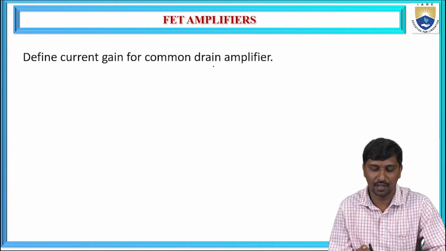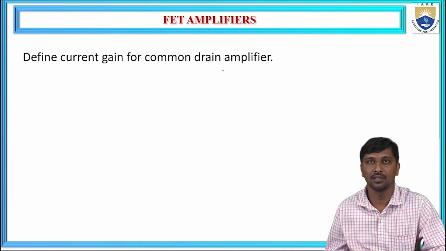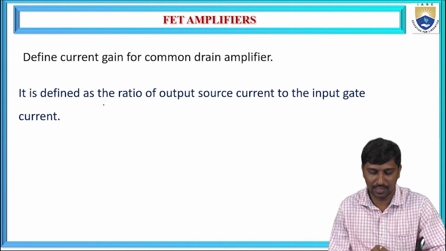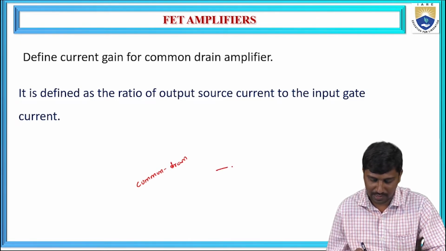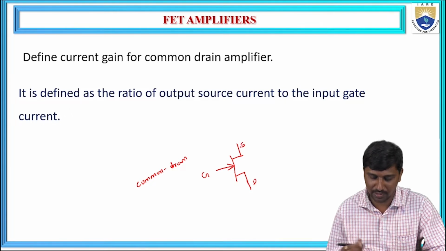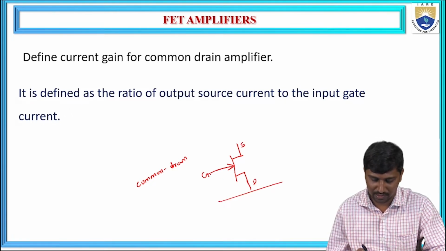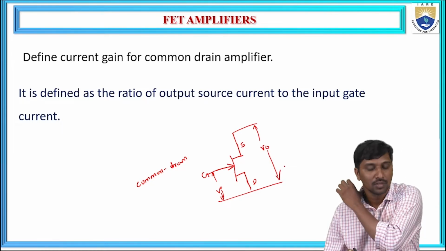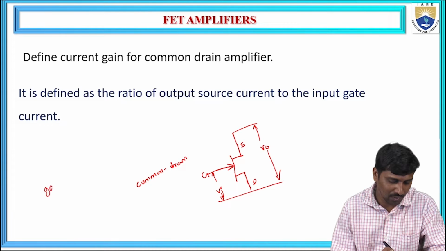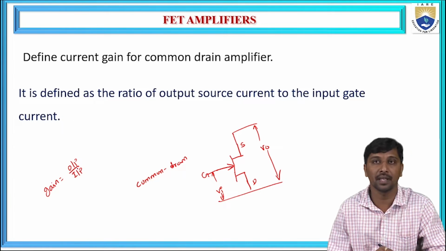Define current gain for common drain amplifier. Let us consider a JFET, and let us consider this is the gate. Here I make the drain common, and here I consider the source. This is the input, and the output is measured across the source terminal with respect to the drain. Generally, if you want to define any gain, it is the ratio of the output parameter to the input parameter.